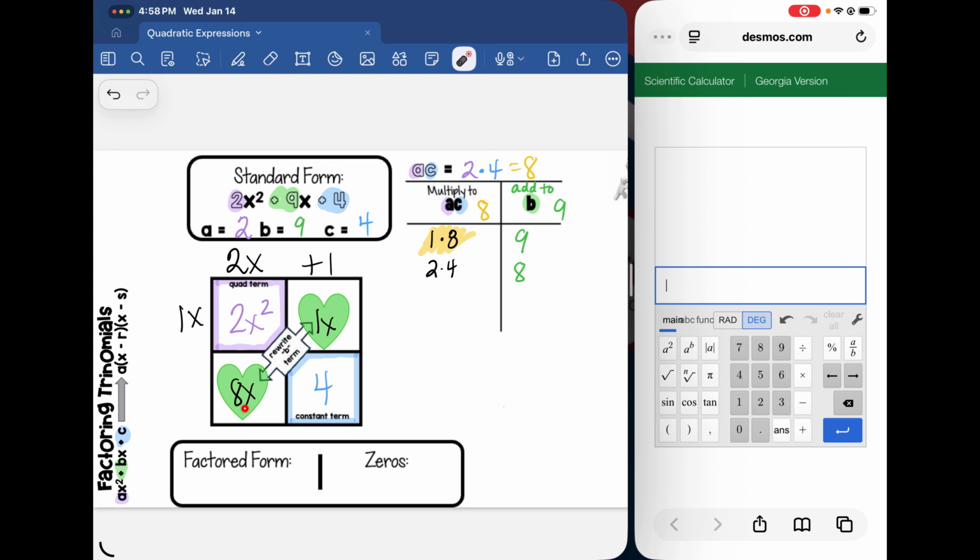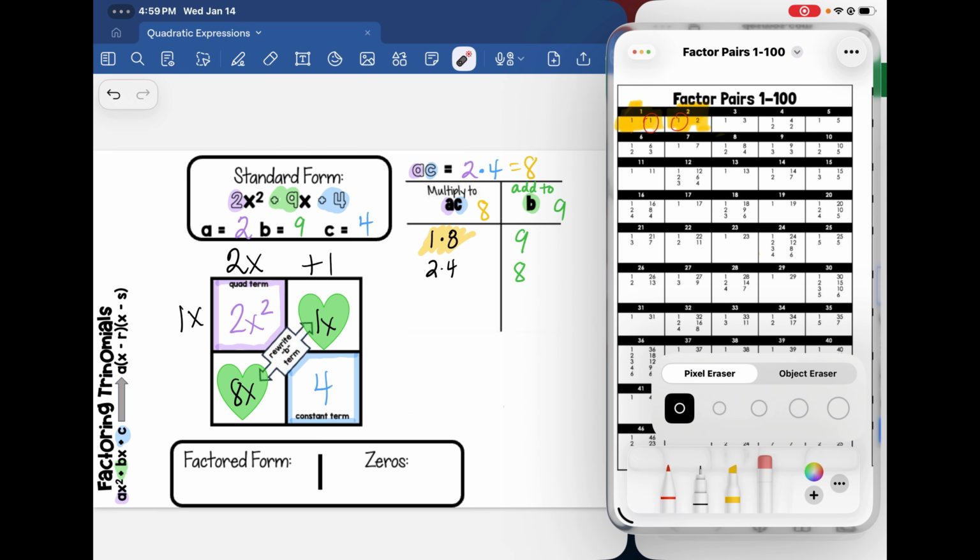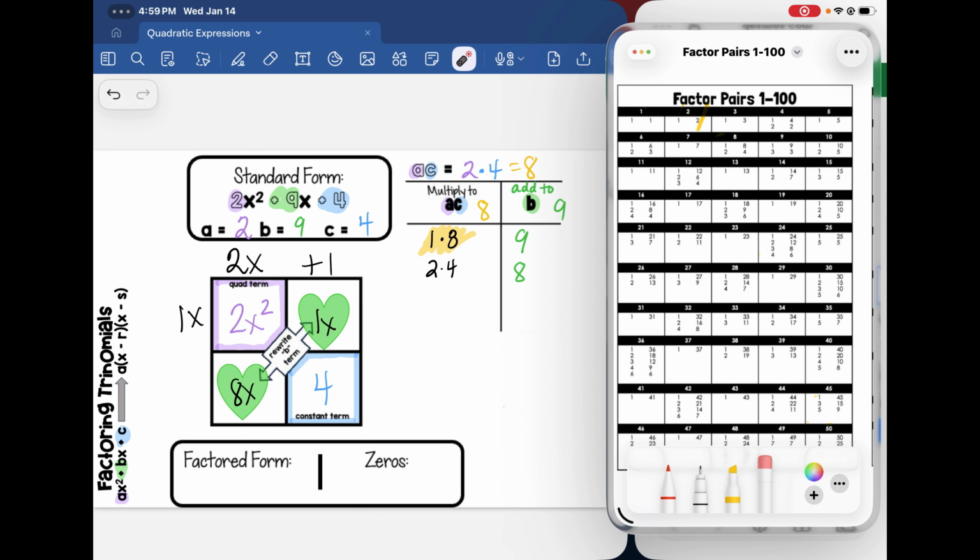Or what is the greatest common factor between these two numbers, 8 and 4? So if you like the factor pair list, we can look at the factor pair list. And I can find factors of 4, and I can find factors of 8. What is the biggest number that the factors of 4 and the factors of 8 have in common?